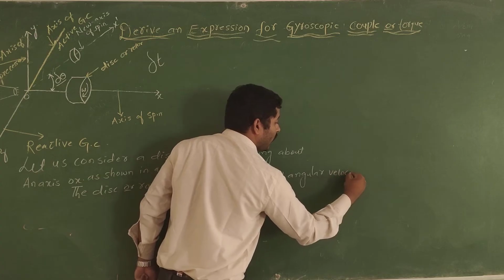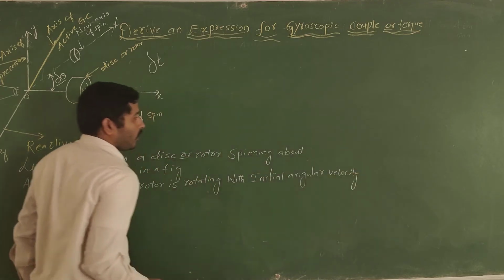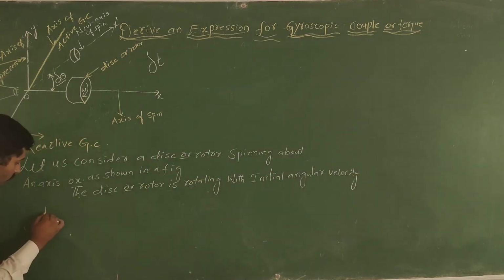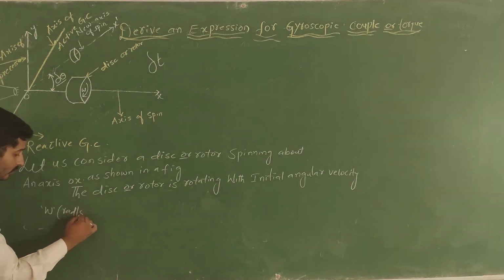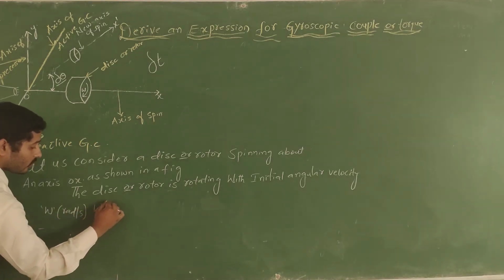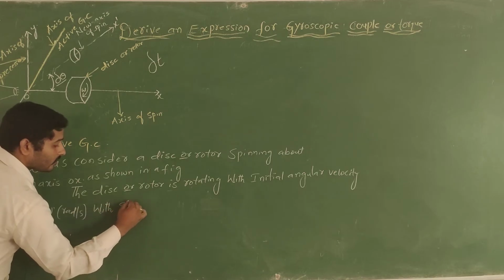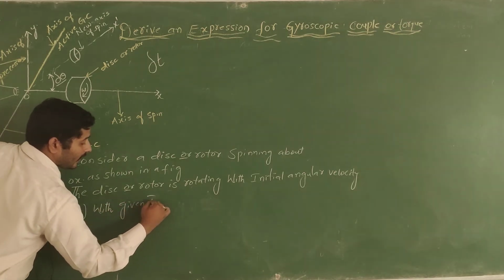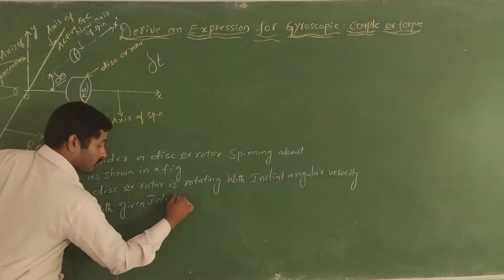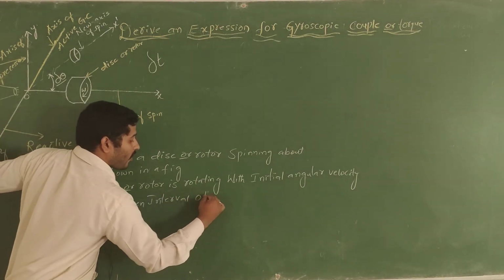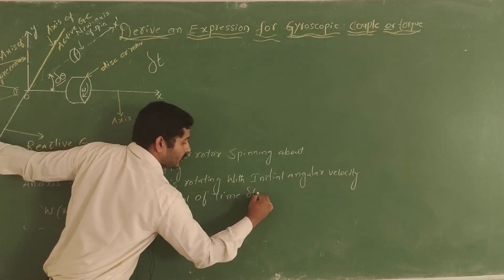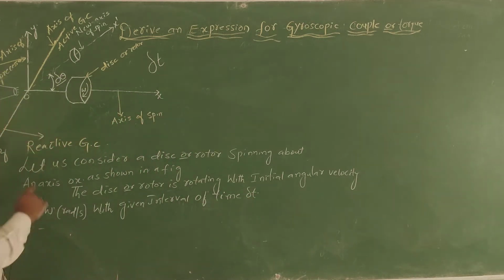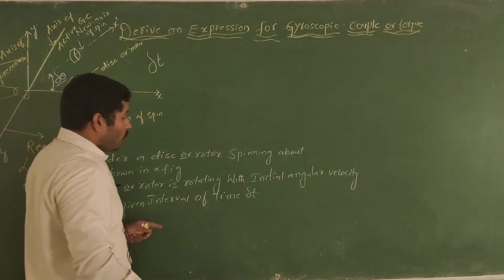The initial angular velocity is omega radian per second, in a given interval of time. How much is that here? Delta t.